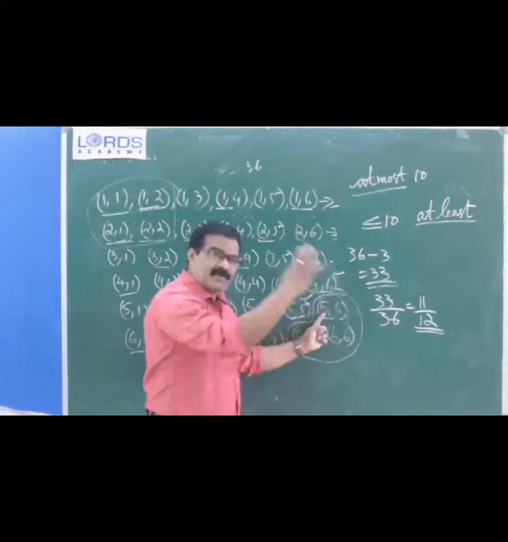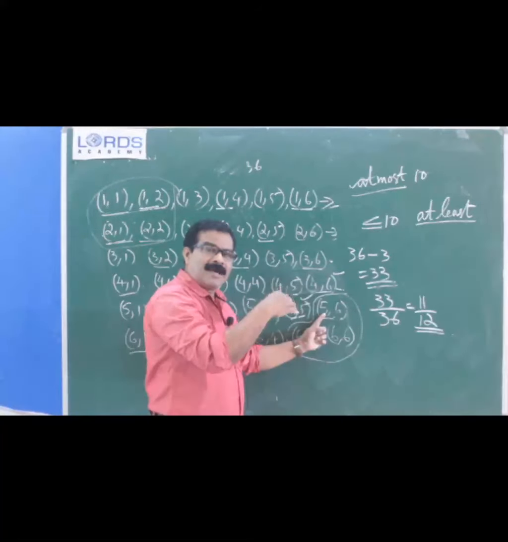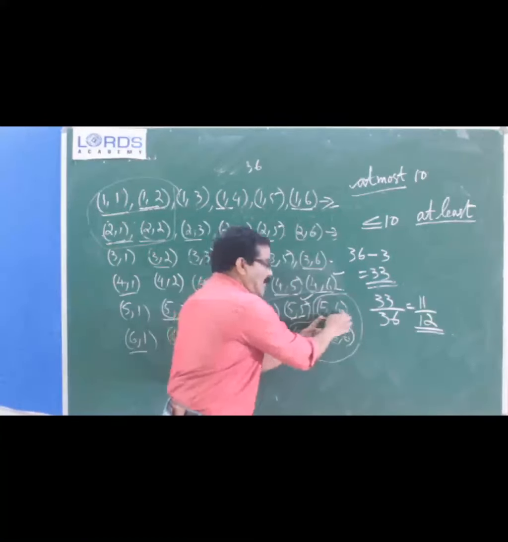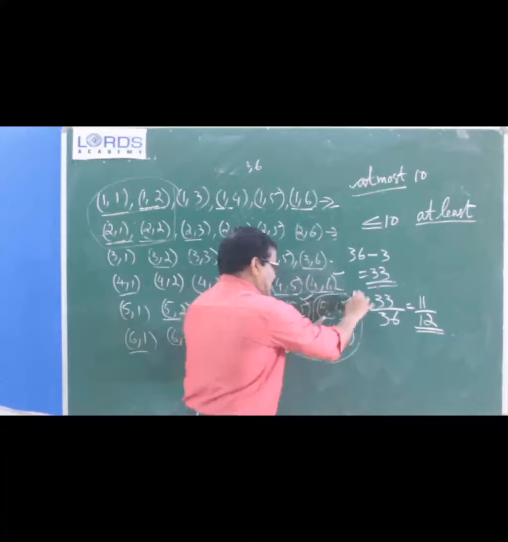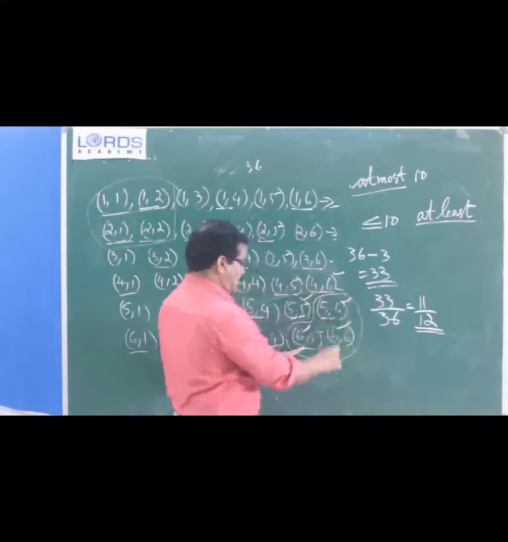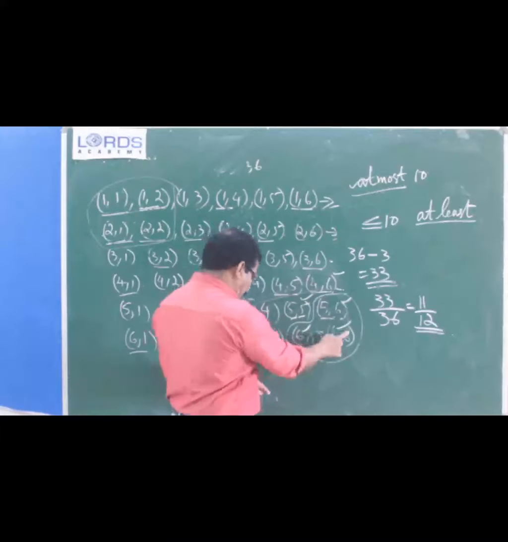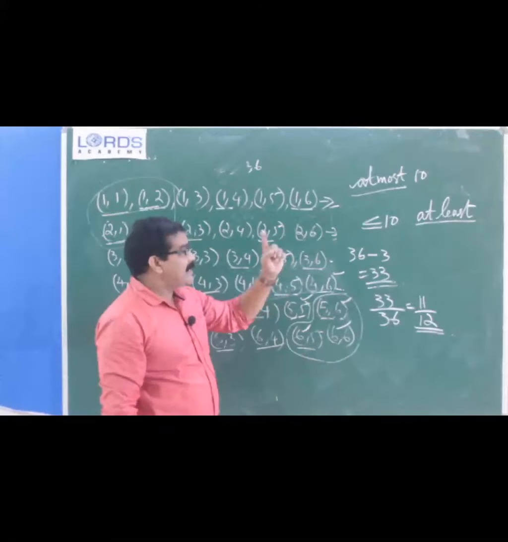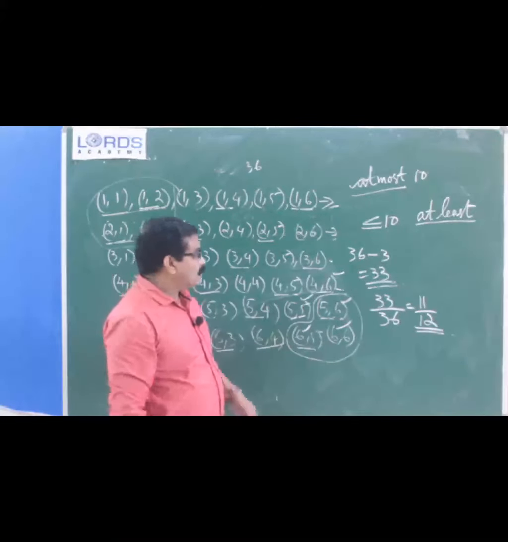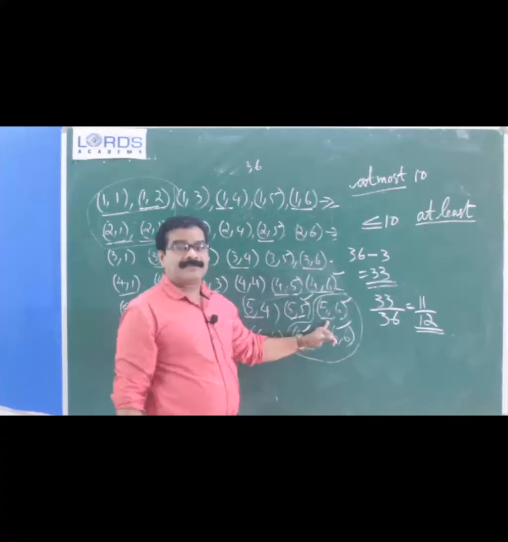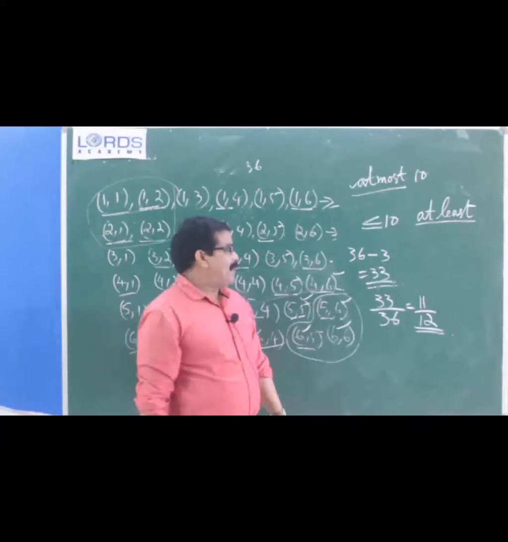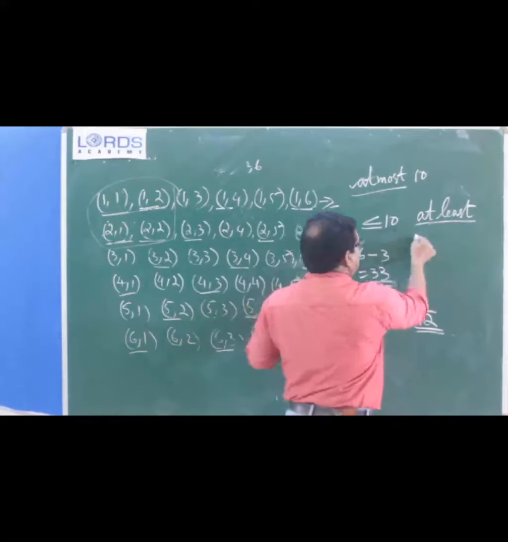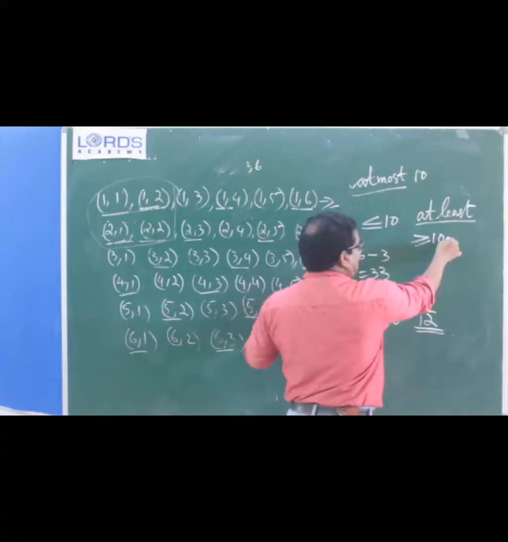Then 5 plus 6 you can take, because there should be a minimum of 10, and more than 10 we can consider. So 5 6, 6 5, 6 6: 1, 2, 3, 4, 5 cases are there, therefore at least 10 will be 5 by 36. At least means greater than or equal to 10.